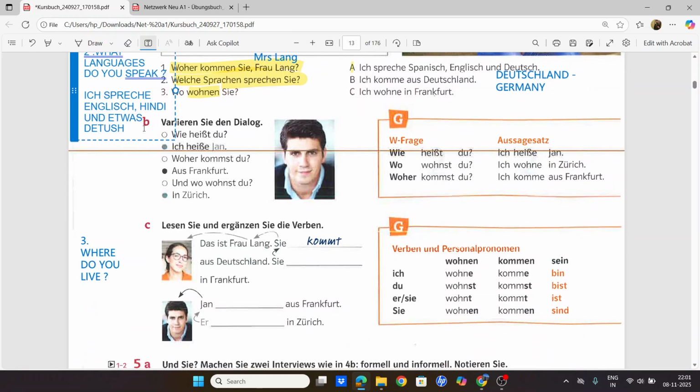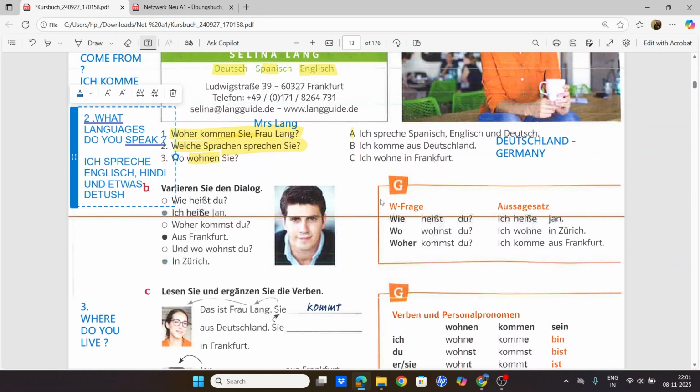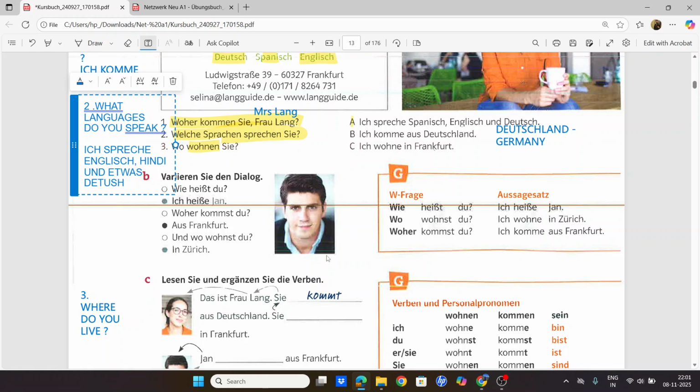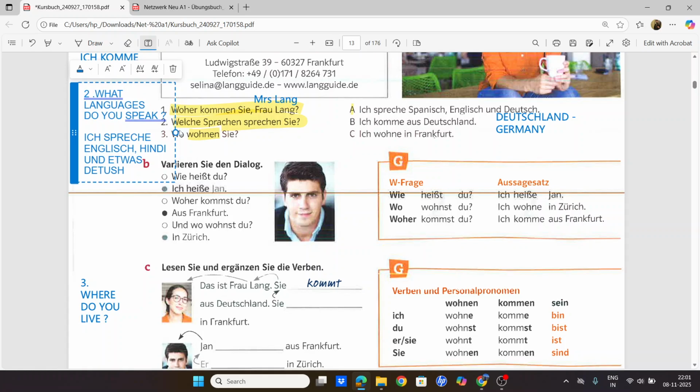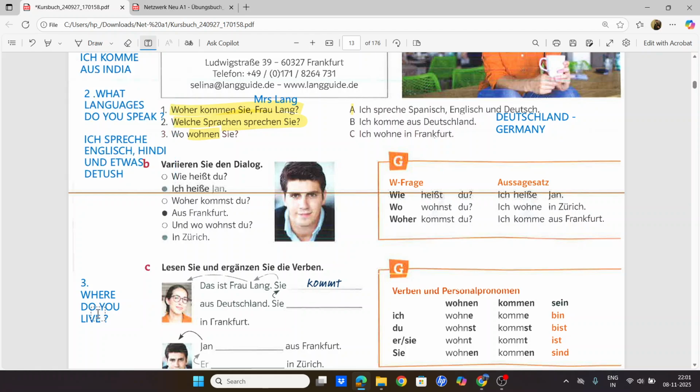Etwas means little, small. Wo wohnen Sie? So where do you live? Wo wohnen Sie? So you can answer it. So currently where I'm living? Currently I'm living in... Ich wohne in Chandigarh.